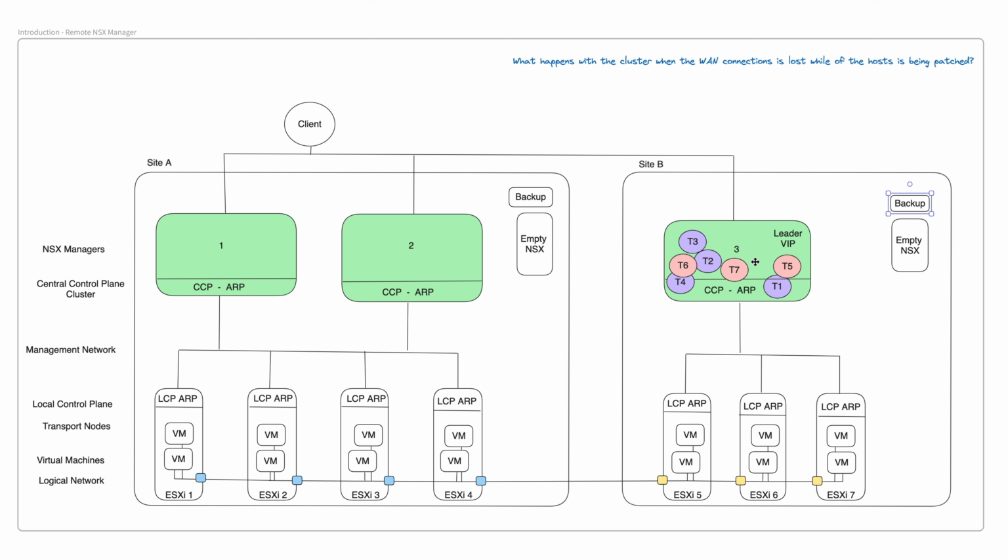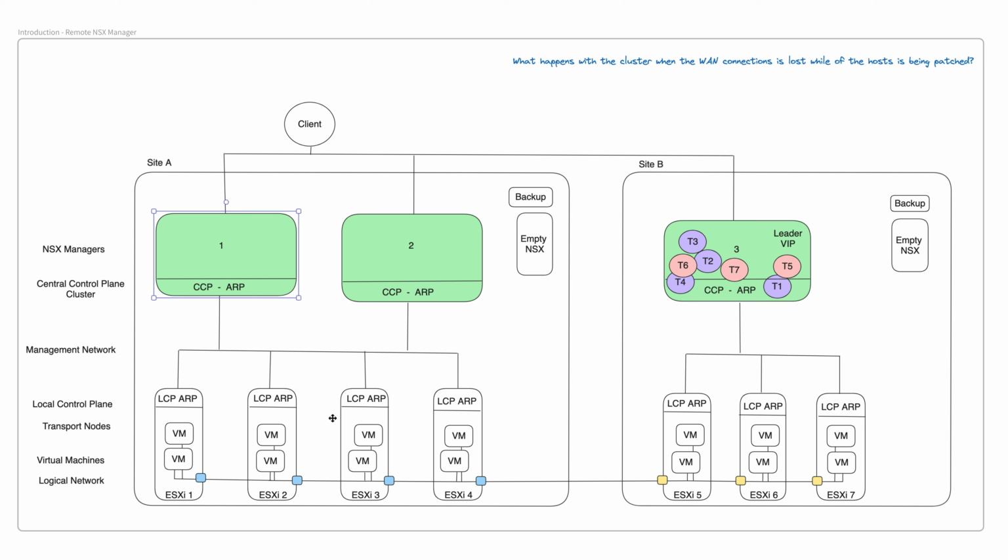But the downside still is when you patch in your NSX manager, your wide area network becomes a single point of failure. So what happens when your transport nodes are not connected to an NSX manager anymore? Do you lose virtual machine to virtual machine communications? Can I do a vMotion? Can I power on VMs?